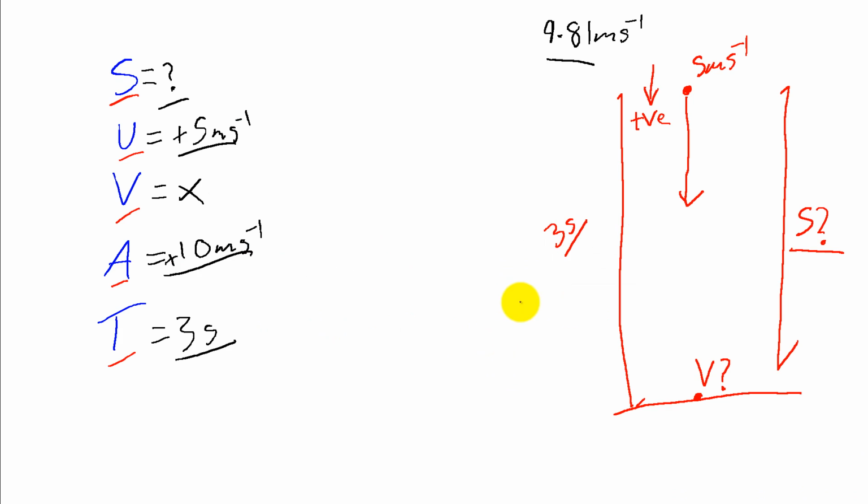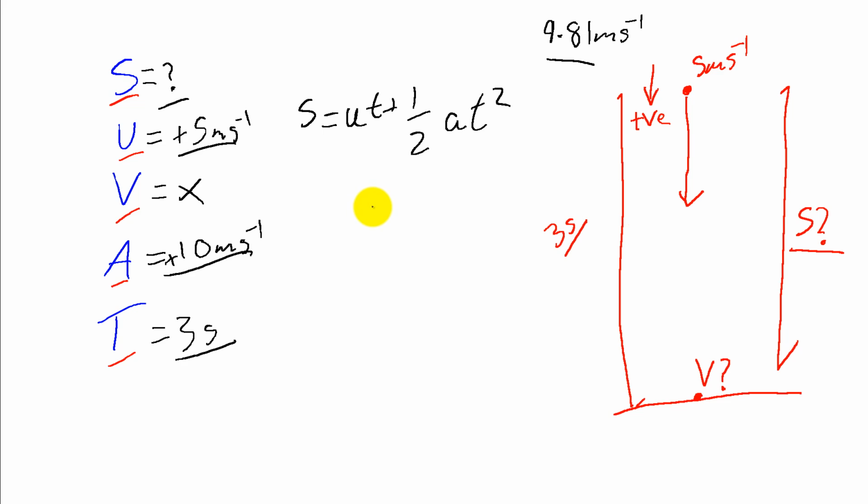And so, because we've got 3 of these, and we want to find a 4th, we don't care about the final velocity, we want to pick the equation that doesn't have v in it. And so that was s equals ut plus a half at squared.